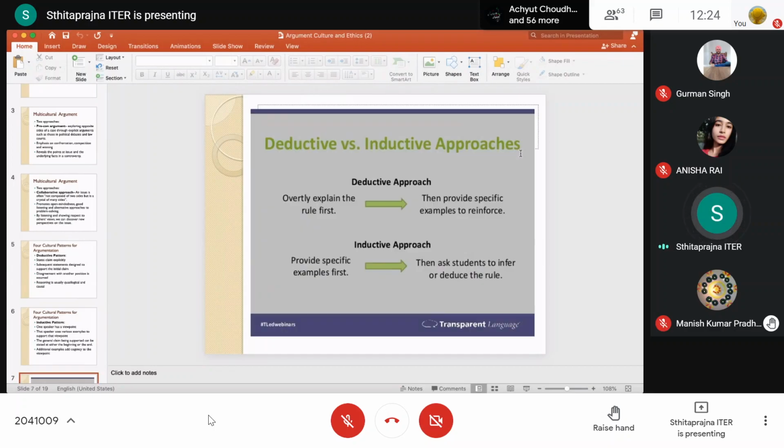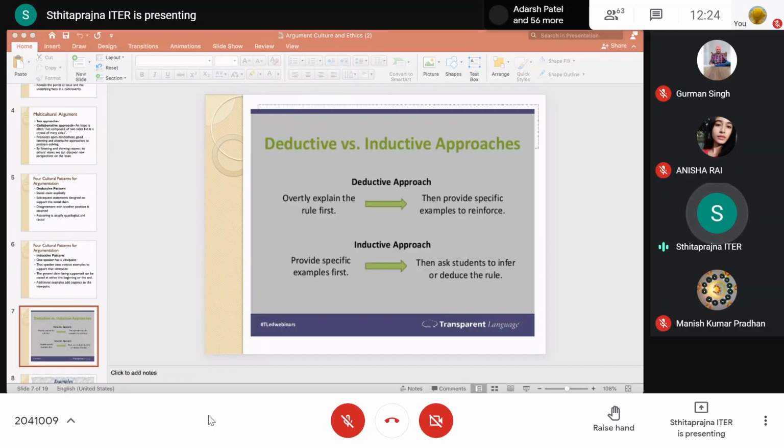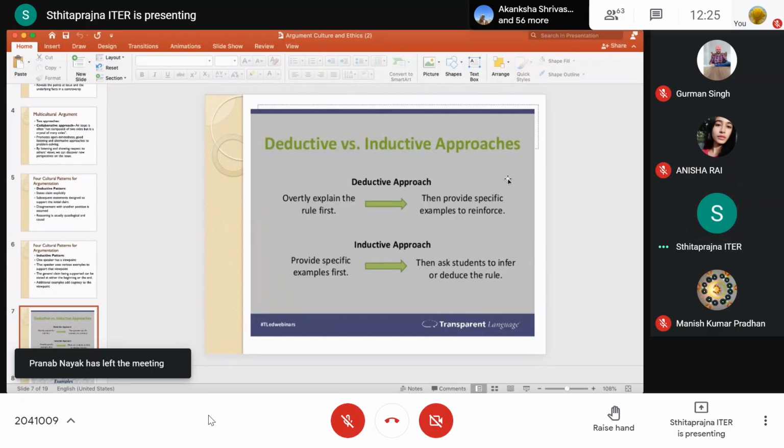Okay, thank you. Now, let's come to the inductive pattern vis-a-vis the deductive pattern. What does the inductive pattern of argumentation say? It says that you first provide specific examples, and then ask students to infer or deduce the rule.